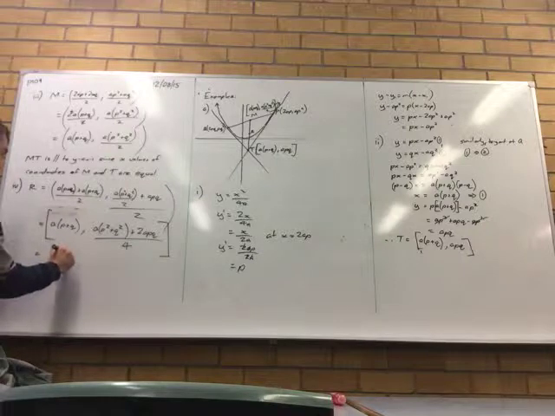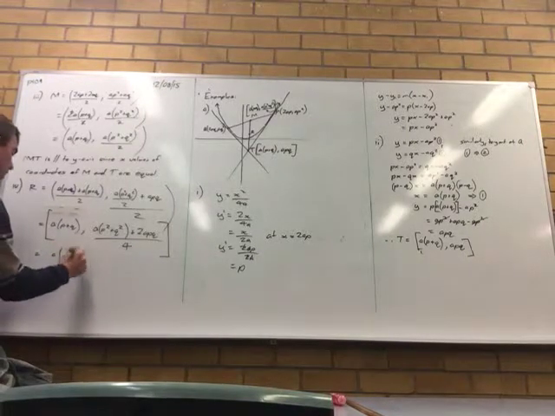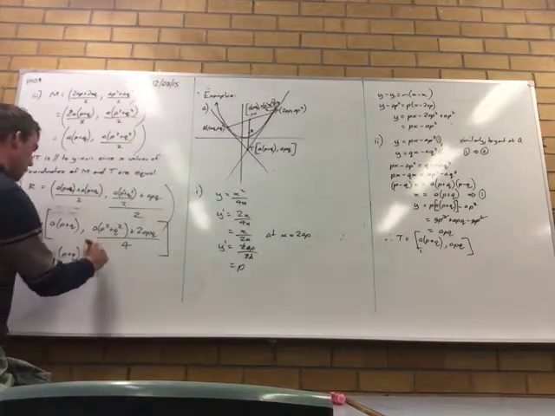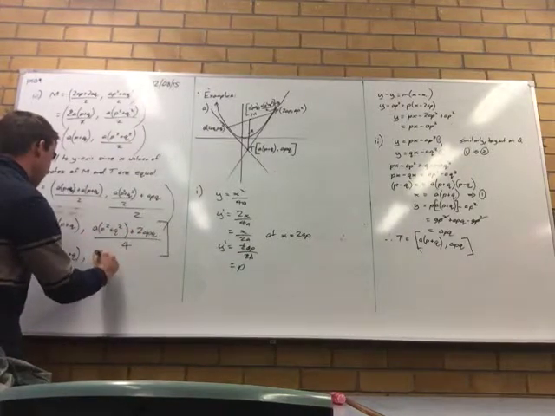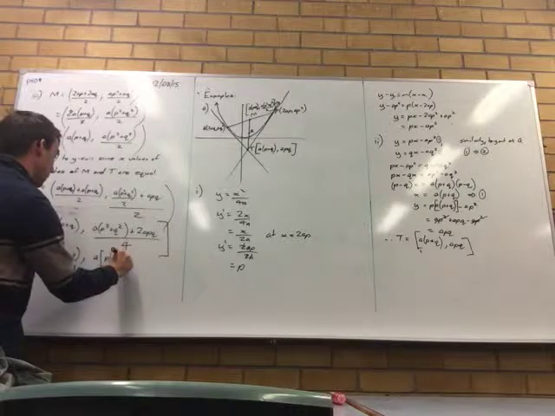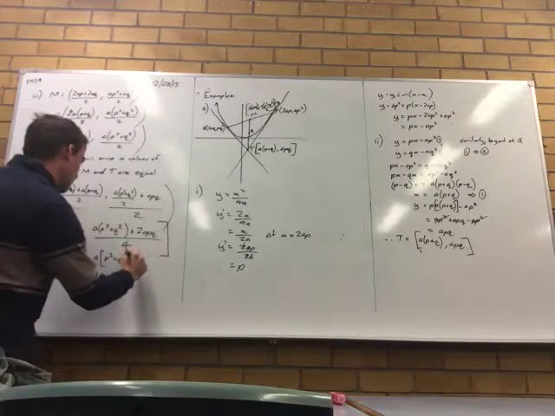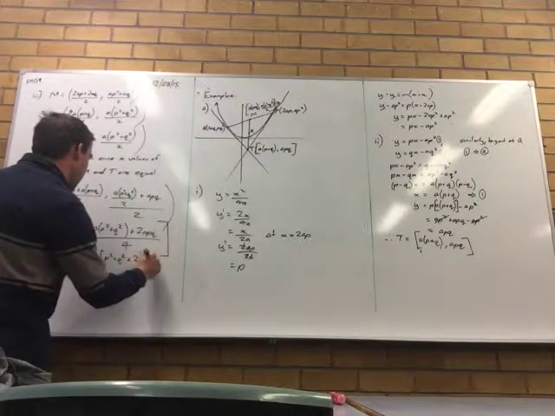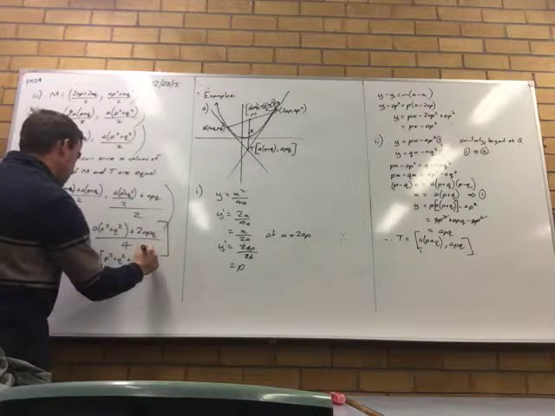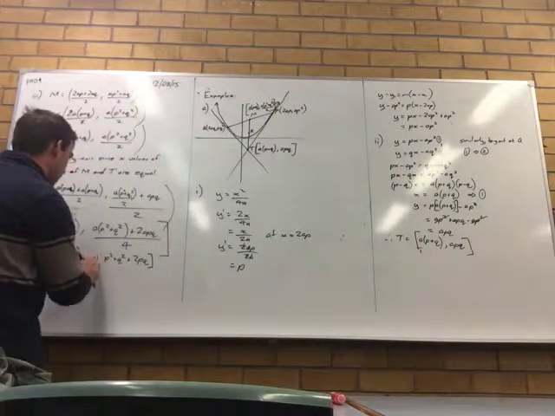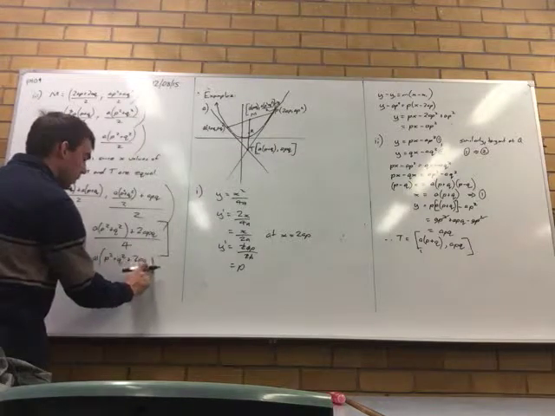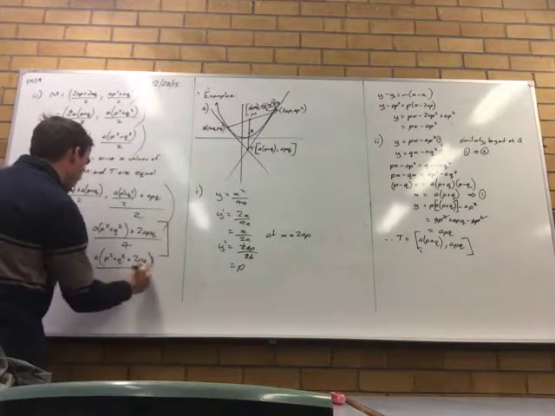One more thing I can do. I'm going to factorise the A out. So we've got P squared plus Q squared plus 2PQ. That can be round brackets, so just squared, all over 4.